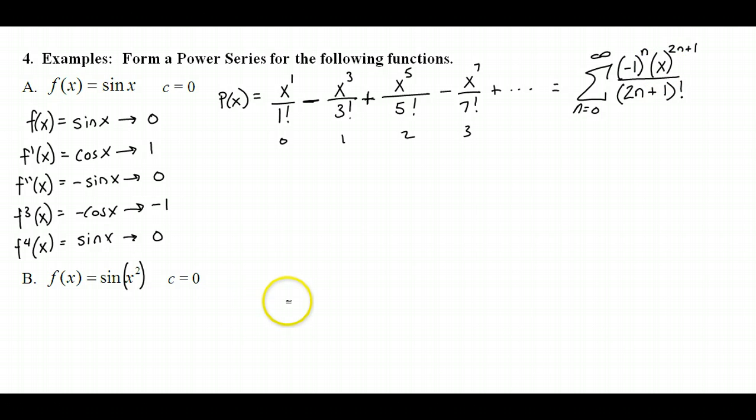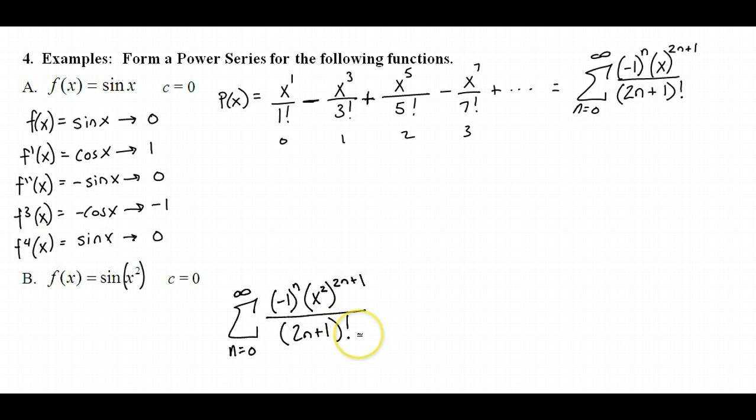So that allows us to write this power series very conveniently. It's a summation from 0 to infinity. We would have negative 1 to the power of n, and in place of x, which I had in sine x, now I have x squared. This is to the power of 2n plus 1. This is all divided by 2n plus 1 factorial. And you can leave it like this. We've created our power series. We're good to go.